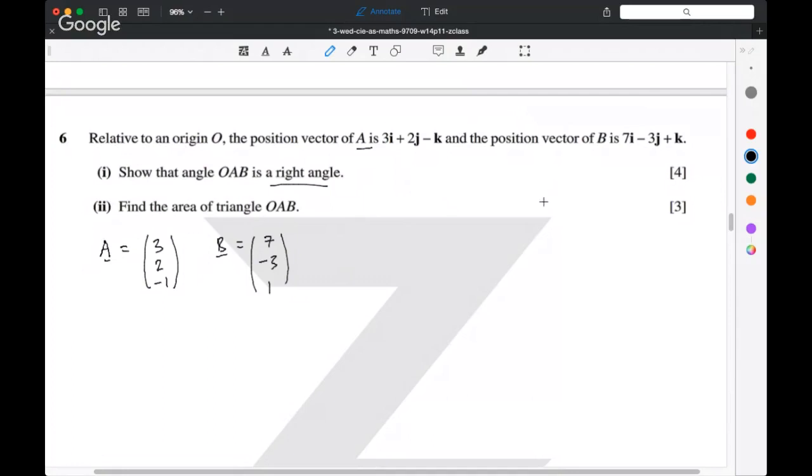Now, if you see vectors and you're asked for angles, you must automatically think dot product. I've said before, I think in Monday's class, I talked a bit about the dot product versus the cross product. And you will never need to use the cross product in this exam. So just think of the dot product.